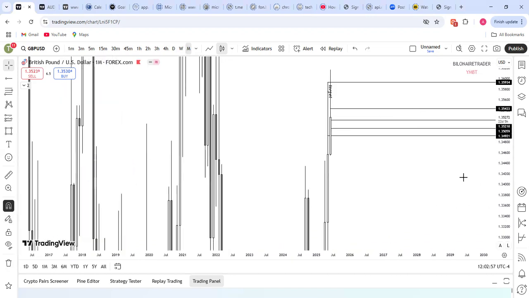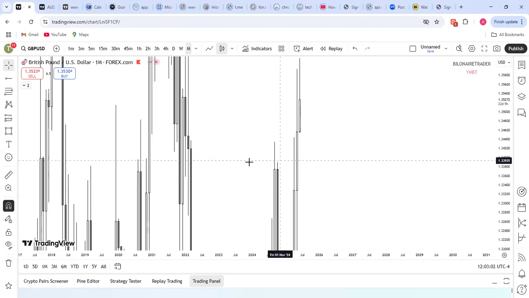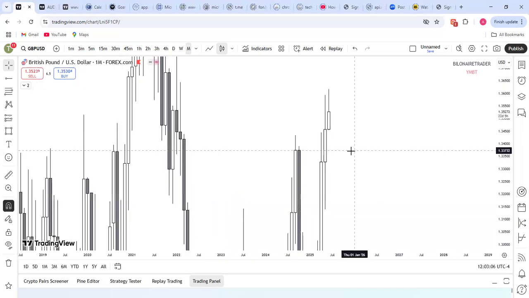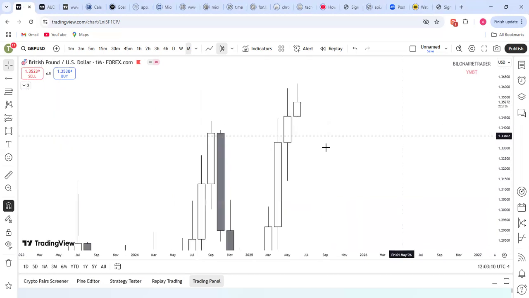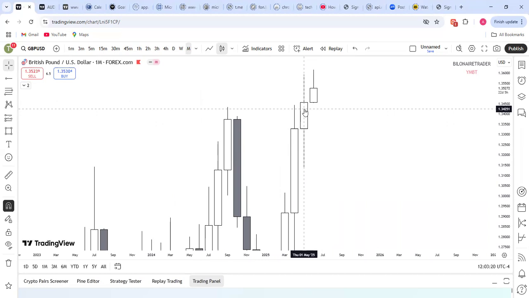Right. So let me delete all of this. The month of June. So what sponsored why we bought on GU? Why did we buy on GU? That was what we want to look at now. So look at this now. This is June currently for me, right? This was the last monthly time frame. This was the month of May, right? So look at May.